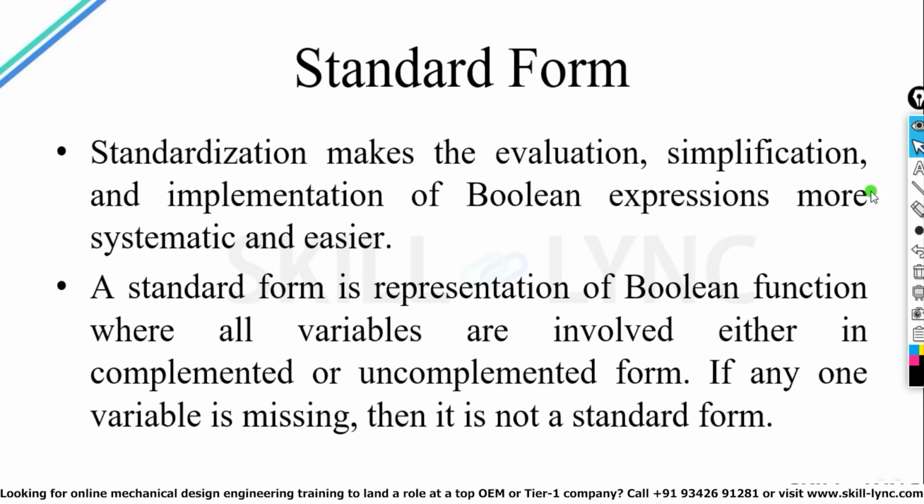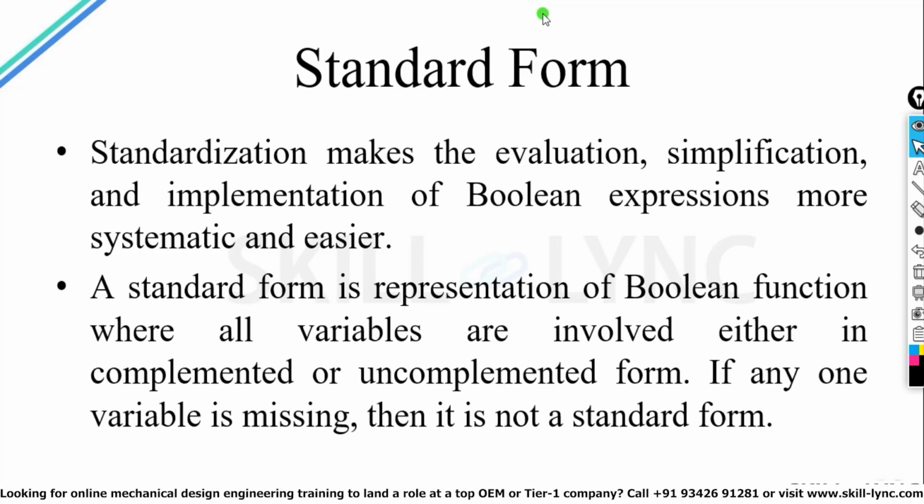Now understand what the standard form of a Boolean function is. Standard form is where all the variables are involved. For example, if there are 3 variables, then all 3 variables A, B and C should be involved in the individual terms. It may be in complemented or uncomplemented form, that does not matter, but the presence of each and every variable in each term is a must.